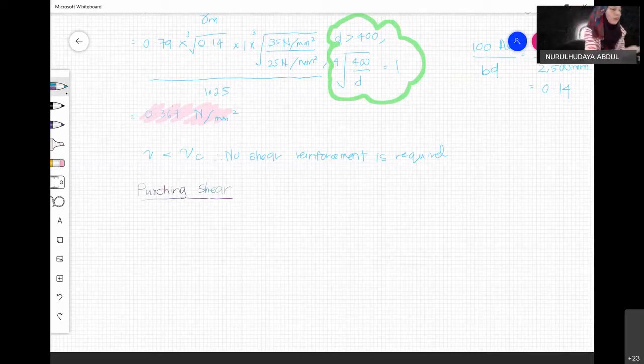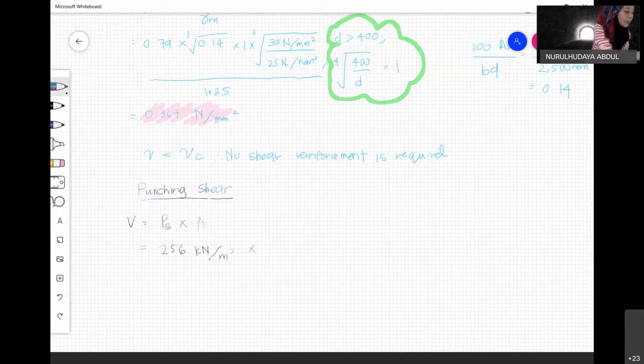Sama juga, okay, kita akan pakai formula P equal to PS darab dengan A. Okay, so PS ni adalah ultimate earth pressure lagi, which is 256 lagi ya. And then kita darabkan dengan the area.